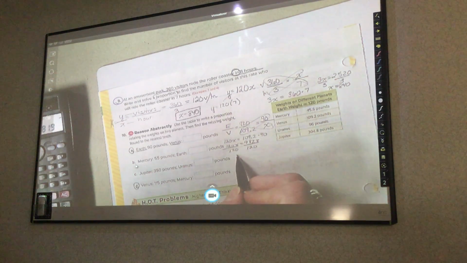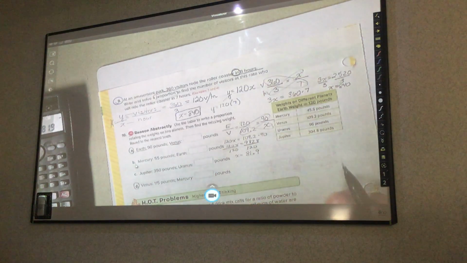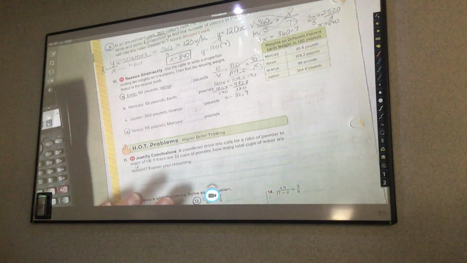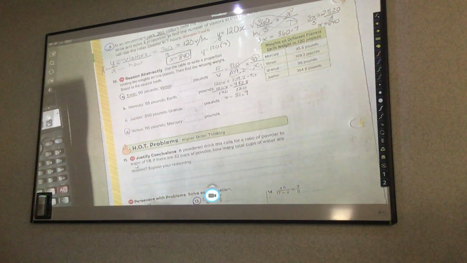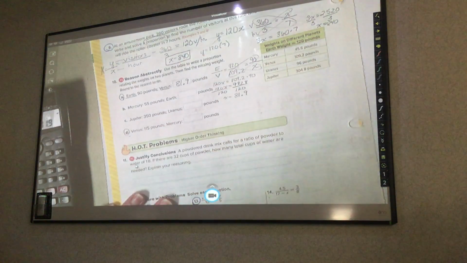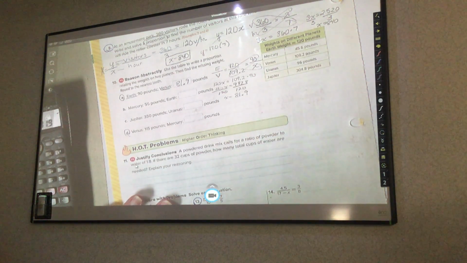So x equals 81.9. And that's in the top.